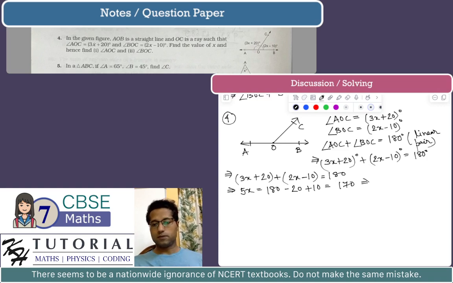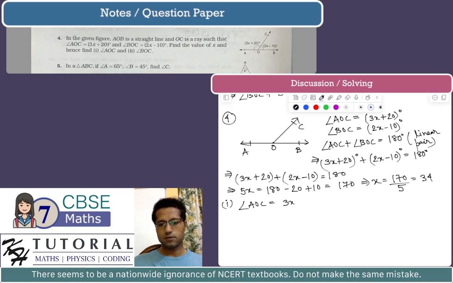So this implies x equals 170 divided by 5, which is equal to 34. X is 34. Therefore angle AOC is equal to 3x plus 20 degrees.